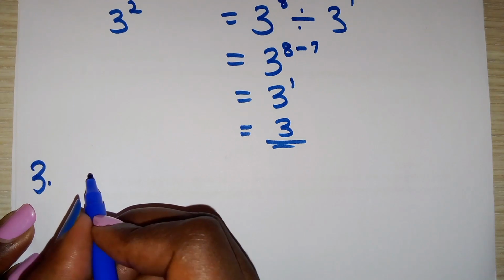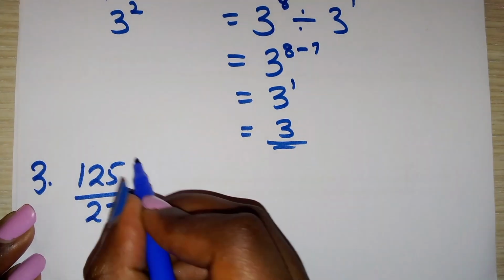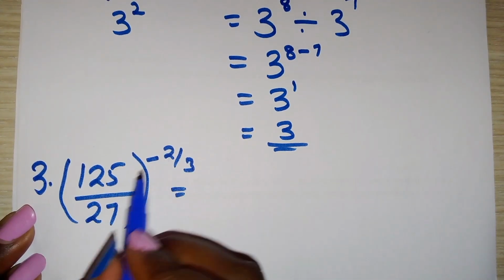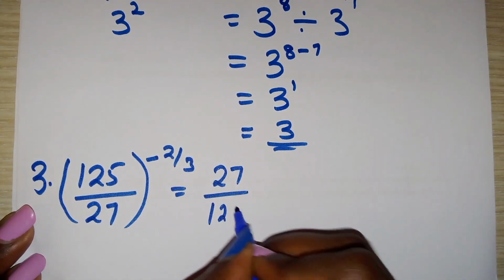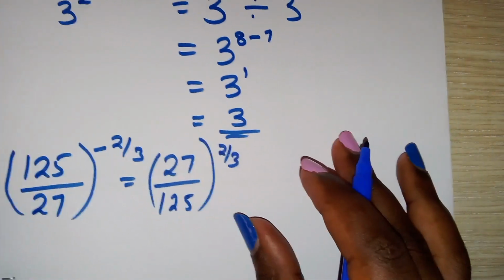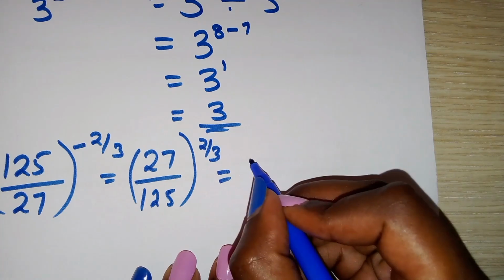Number 3. Work out (125/27) to the power -2/3. So make it positive by flipping that one: 27/125, then the power becomes positive. Now this question is the same as number 1, so we'll do the same procedure.